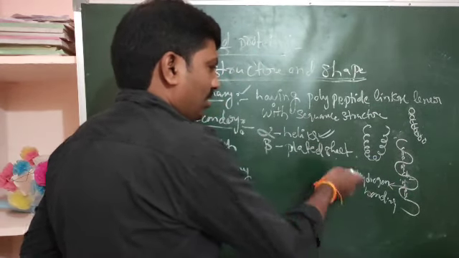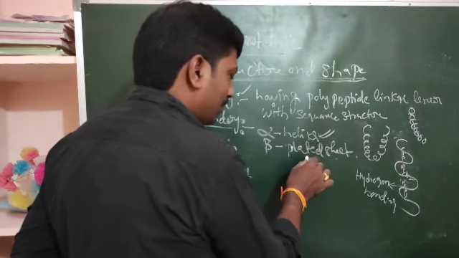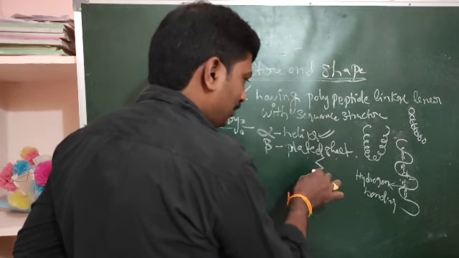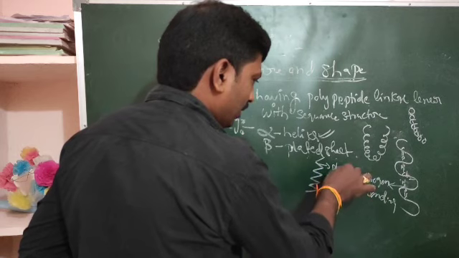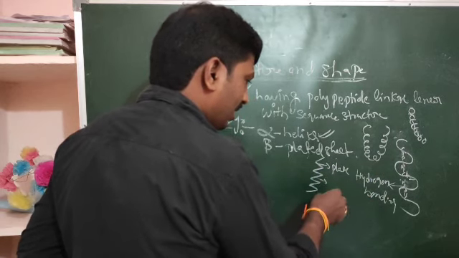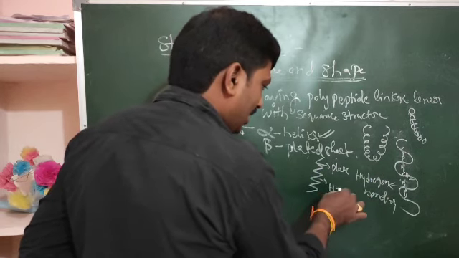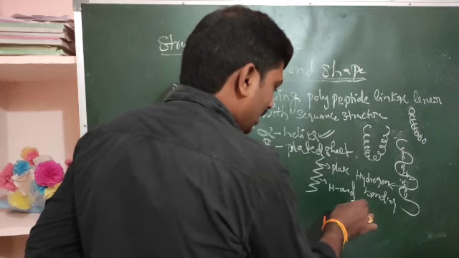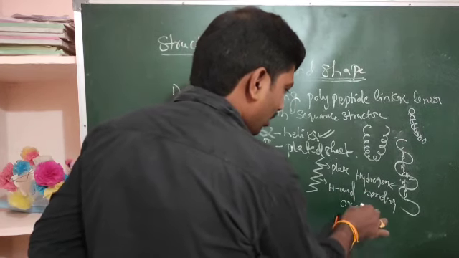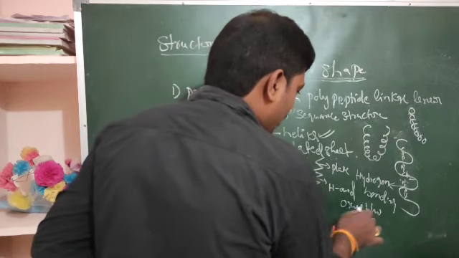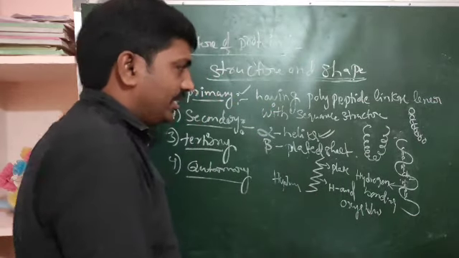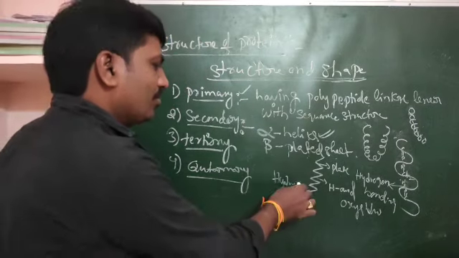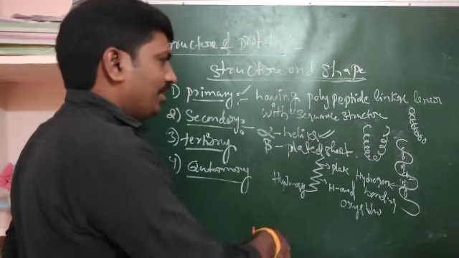Pleated structure means it is like steps, like pleats. Here also hydrogen bonding is there between hydrogen and oxygen. Due to the hydrogen bonding, the shape is like this.